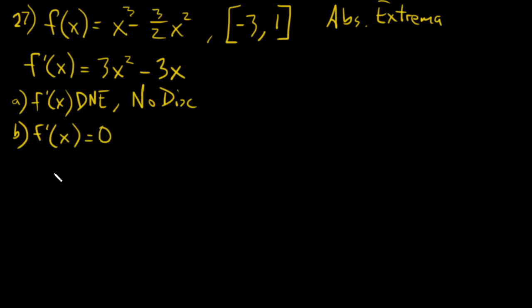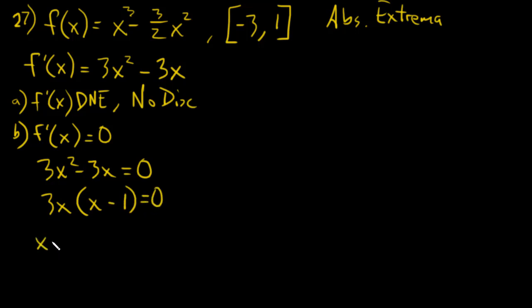Well, let's set it equal to 0 and solve. So that's going to be 3x squared minus 3x equals 0. 3x times x minus 1 equals 0. x equals 0, and x equals 1. Okay? So those are two critical numbers we found.